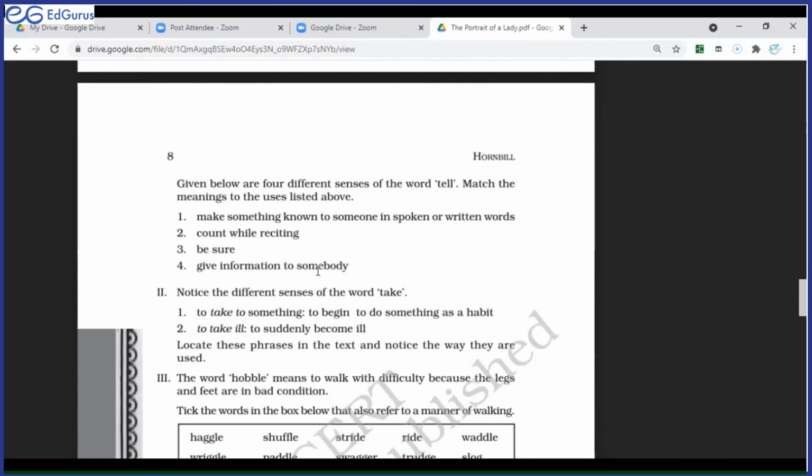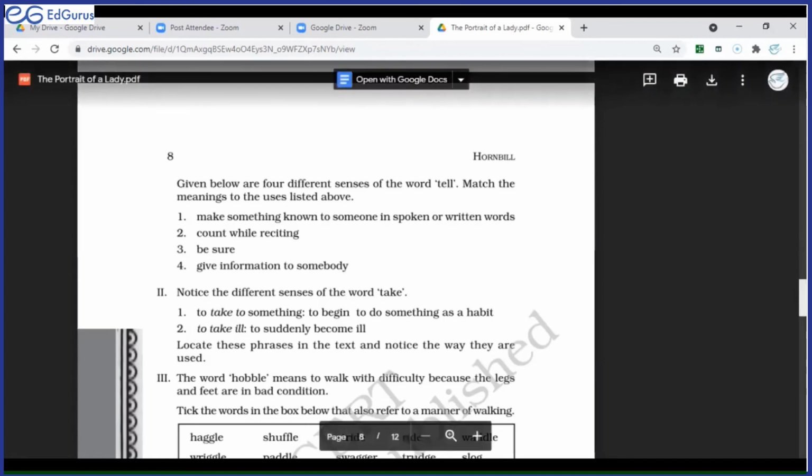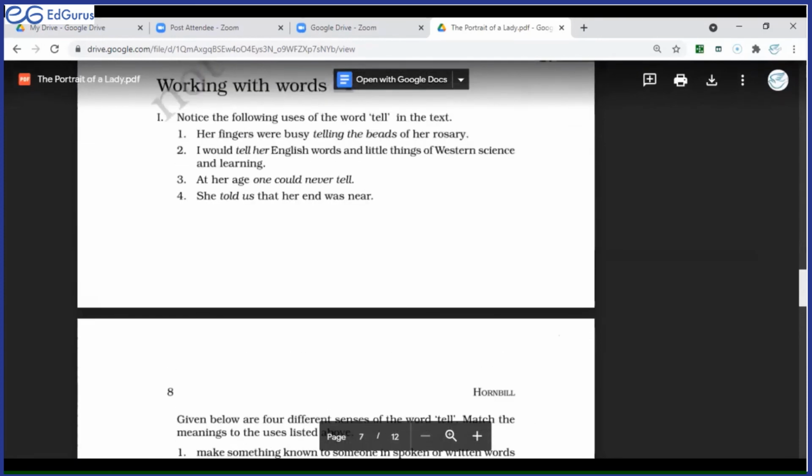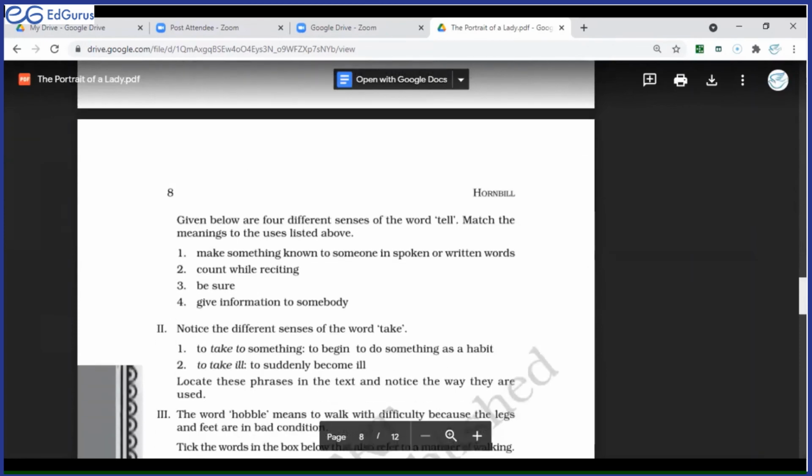Which tell do you think is being used here? It is, if you just go back, here it is, just a minute. She told us that her end was near, right? Okay.